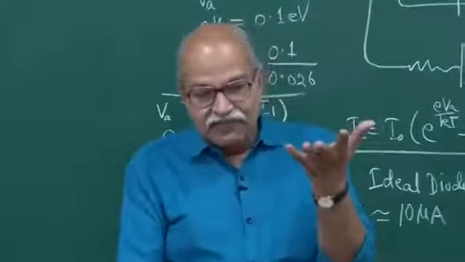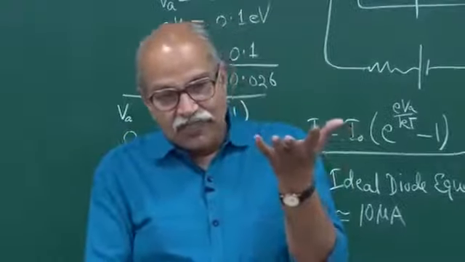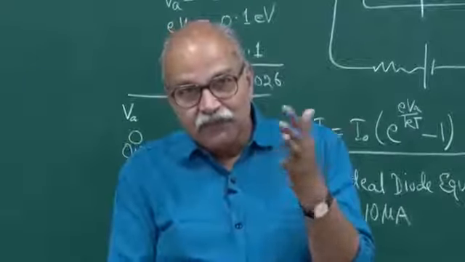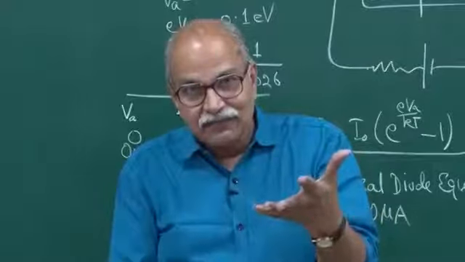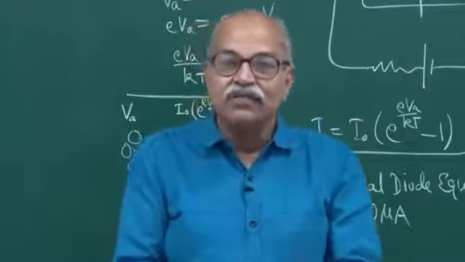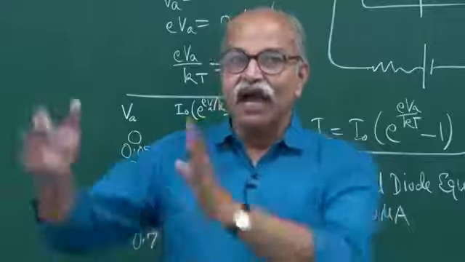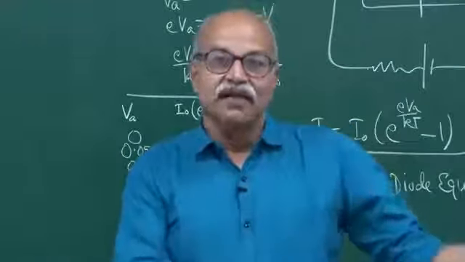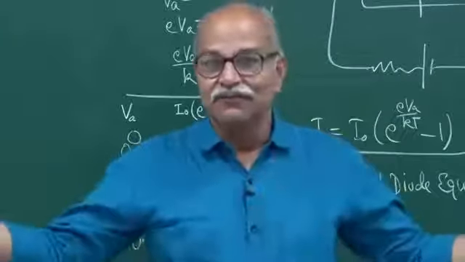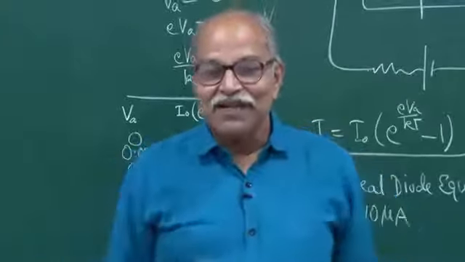If 0.7 eV is that energy barrier, and if you apply 0.7 volts, what are you doing? You are reducing that barrier to 0, there is no barrier. Then the entire majority carriers on this side, the entire majority carriers on this side, can just flow without any barrier.